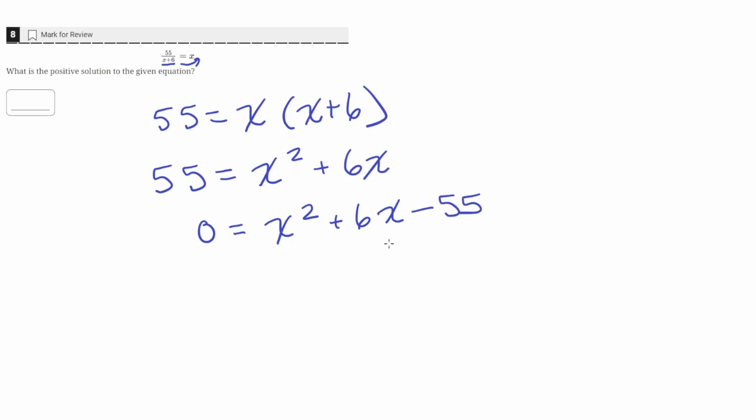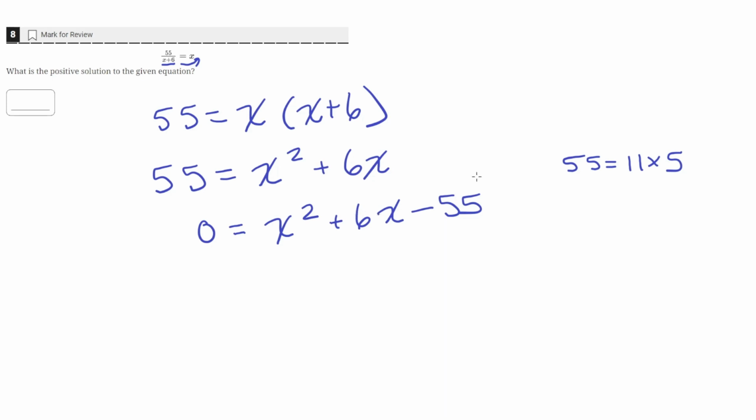So in order to solve this equation for x, we can factor this by grouping. So 55 is equal to 11 times 5. And the 6 here is equal to 11 minus 5. And 11 times negative 5 is equal to negative 55.